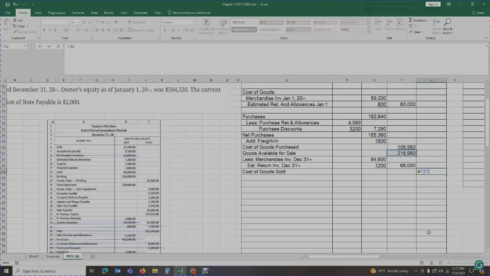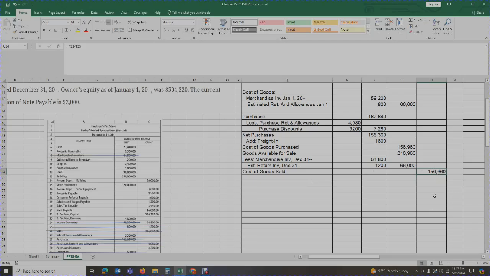That's my goods available for sale, less what I have left over, and that gives me 150,960. So what you're doing is getting your goods available for sale, less the total of your ending merchandise inventory and your estimated return inventory of 66,000. That will give you your cost of goods sold of 150,960.